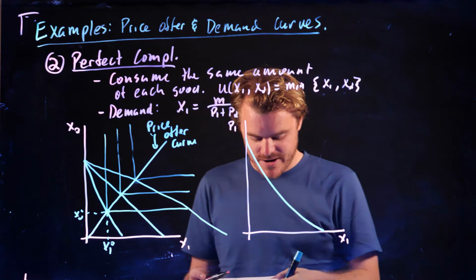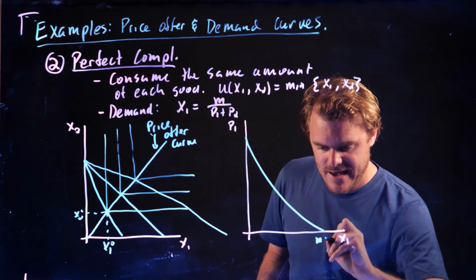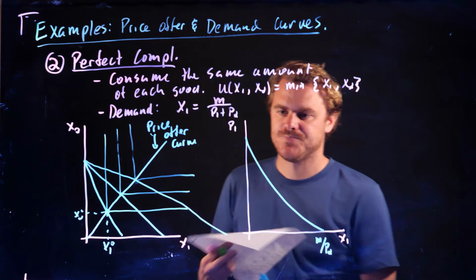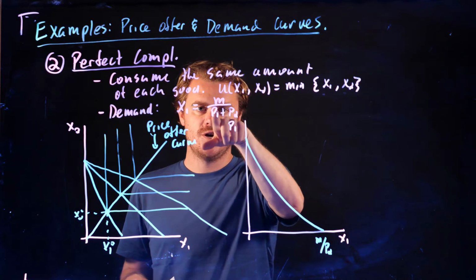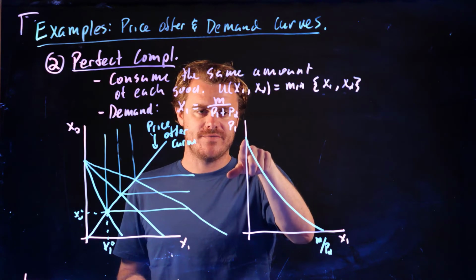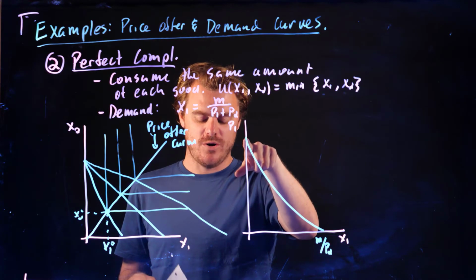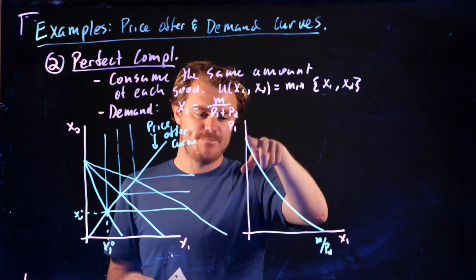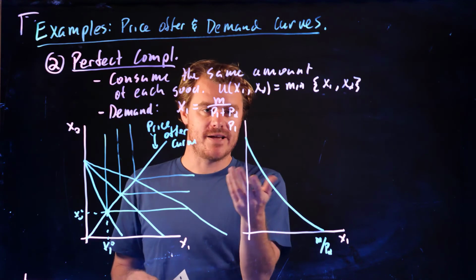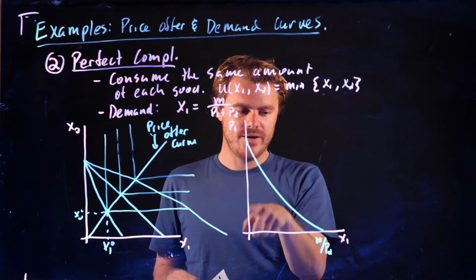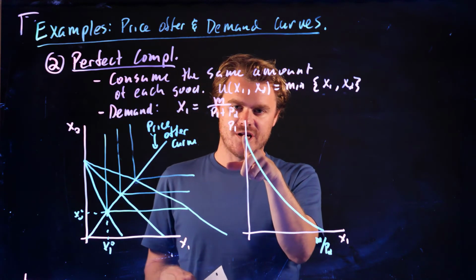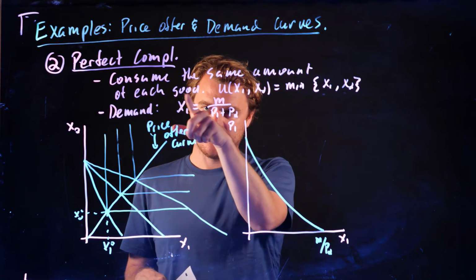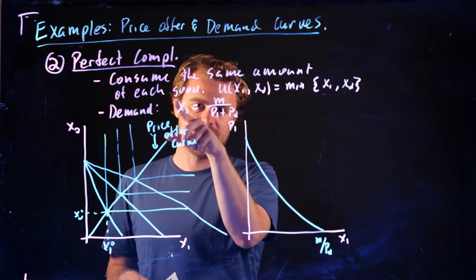It's going to stop right there at m over p2. So all we're doing is lowering the price. Up here, the price is high enough that we don't want any of this good. If we can't afford any of it, we're not going to have any of good 1. But as the price starts going down, our quantity demanded for x1 is going to go up.